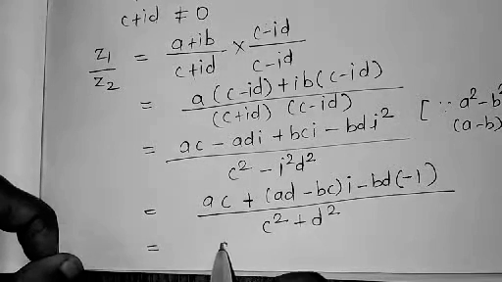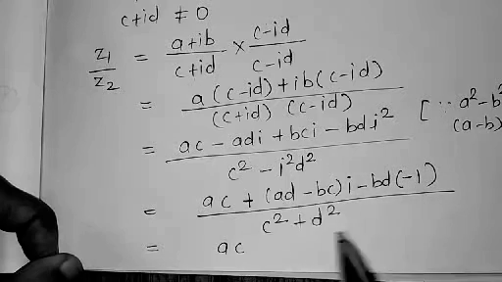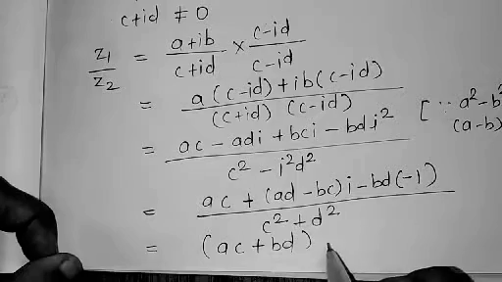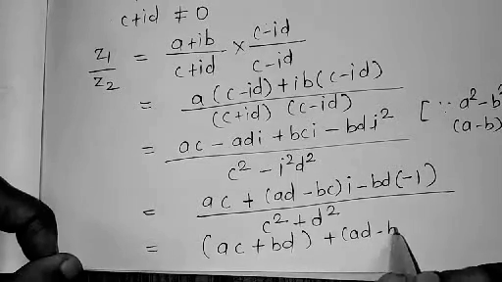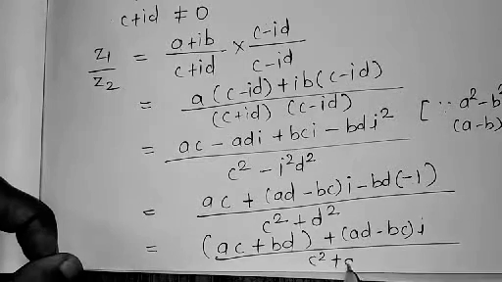So it is equal to ac, this minus minus gets plus bd, that is the real part together, plus ad minus bc iota upon c square plus d square.